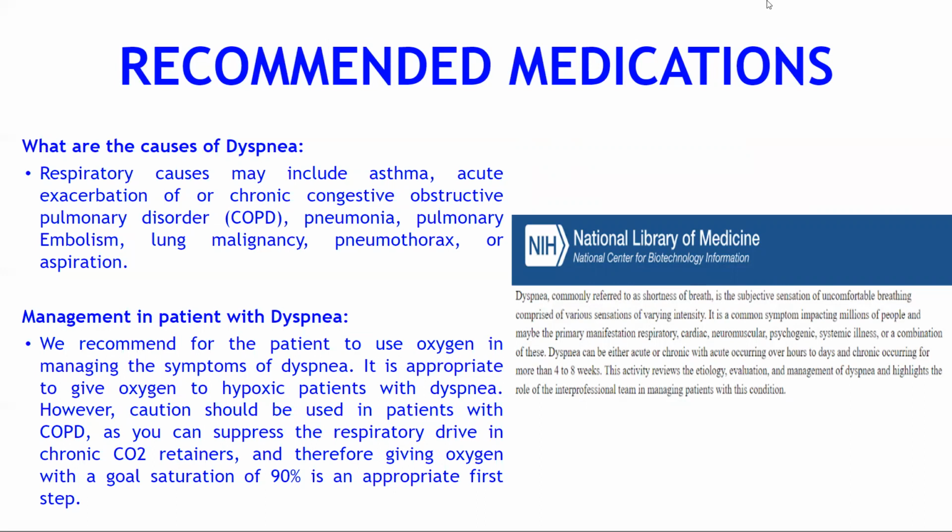And we recommended for the patient to use oxygen in managing the symptoms of dyspnea. It is appropriate to give oxygen to a hypoxic patient with dyspnea. However, caution should be used in patients with COPD as you can suppress the respiratory drive in chronic carbon dioxide retainers, and therefore giving oxygen with a goal saturation of 90% is an appropriate first step.